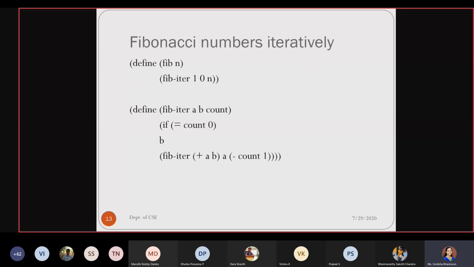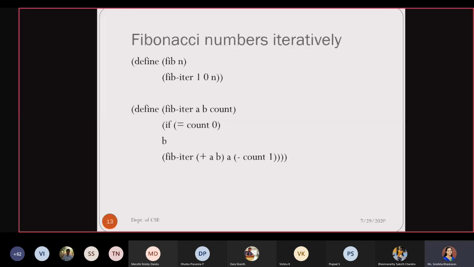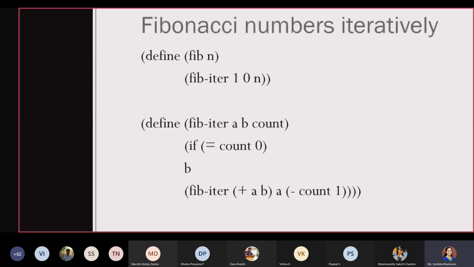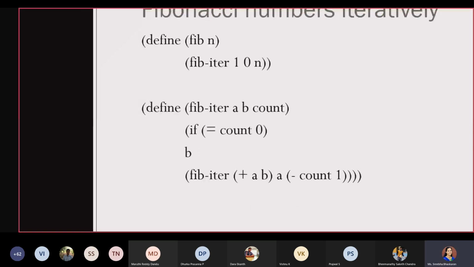The same Fibonacci procedure, you can even write in this way: you have defined fib of n, and you are just defining another procedure, fib itr, with n, where you define another sub procedure with a and b values. That is the initial values 1 and 0, and after that you have set your n value, whether you have reached the count or not.